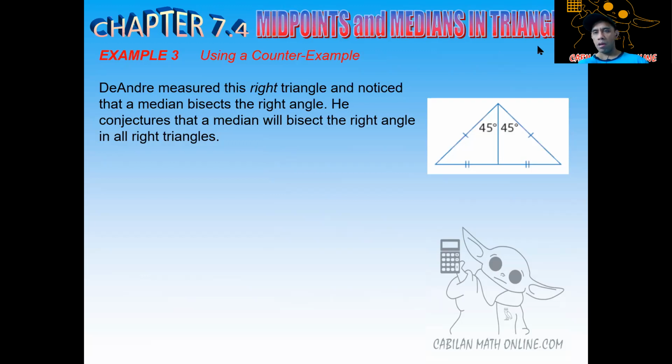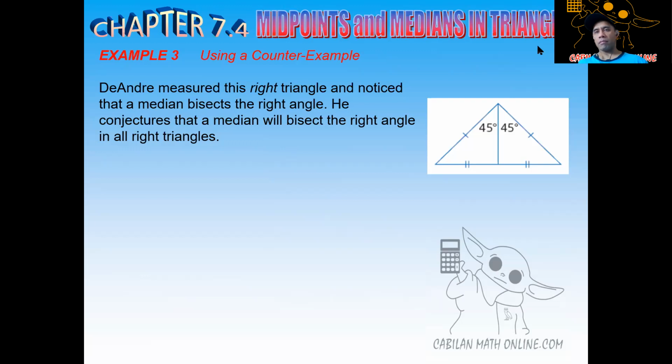Wherever the middle is, draw a point there. Now connect that point to the corner where the 90-degree angle is.